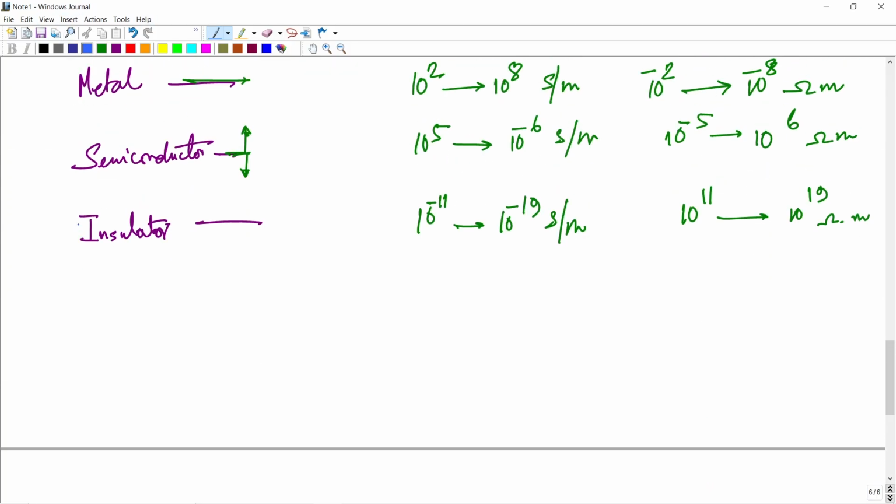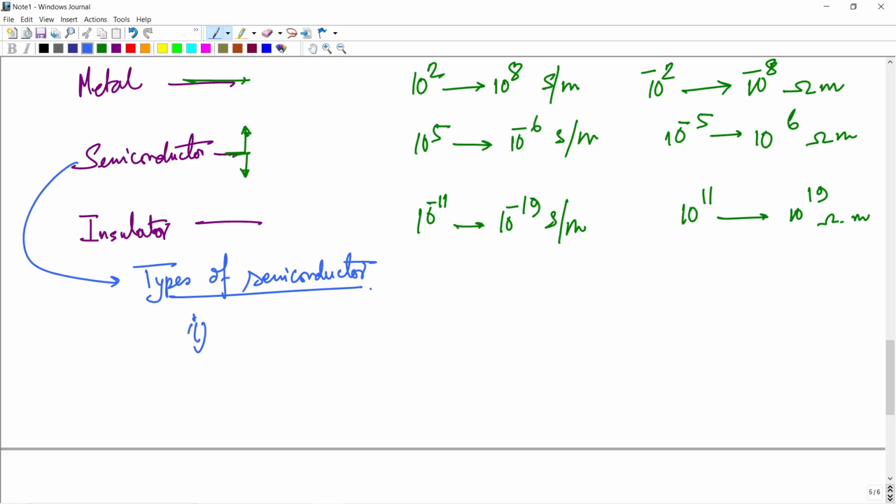Types of semiconductor. There are mainly two types: the elemental semiconductor and the compound semiconductor.